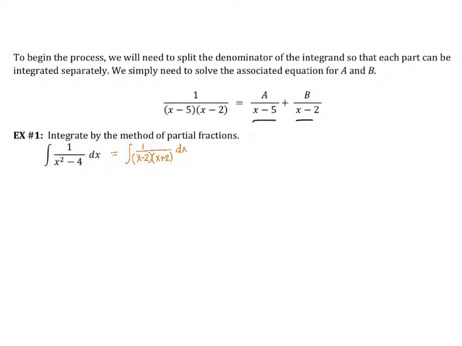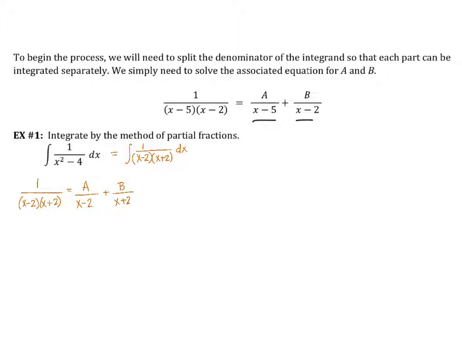And now we need to find out what in the world we added together to get this final fraction. To decompose our fraction, we know that it was A over x minus 2 plus some B value over x plus 2. And we're going to go through and do some algebra here.